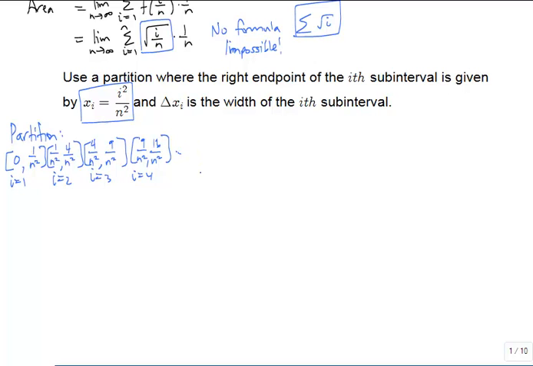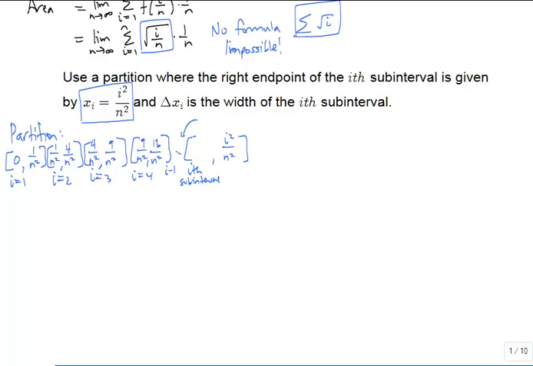Now if we look at the ith subinterval, let's see if we can come up with a formula for what this is going to look like. The ith subinterval is going to have as its right endpoint i squared over n squared. The left endpoint is going to be what the right endpoint would have been in the previous subinterval, the (i minus 1)th subinterval.